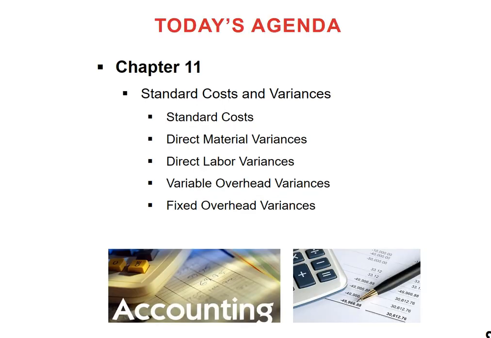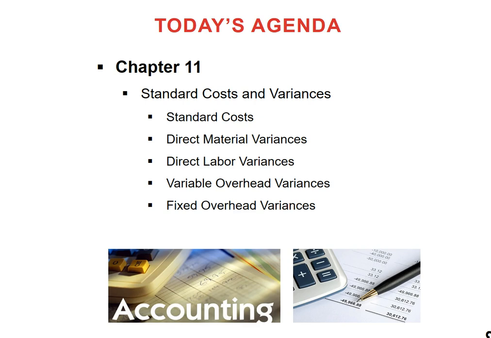This week we will learn about standard costing and variances, and all these are in chapter 11. So we will learn what we mean by standard costs, and we will also learn different types of variances for three manufacturing costs. And we all know that the three manufacturing costs are direct material cost, direct labor cost, and overhead cost.